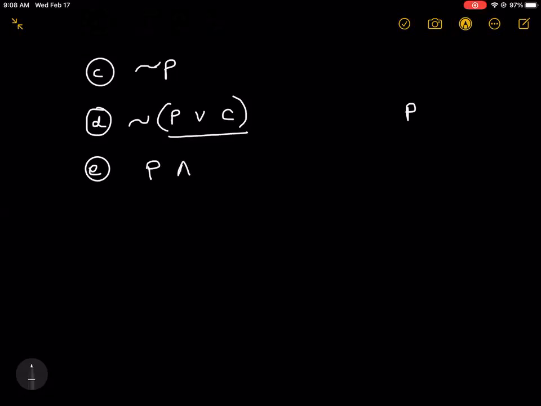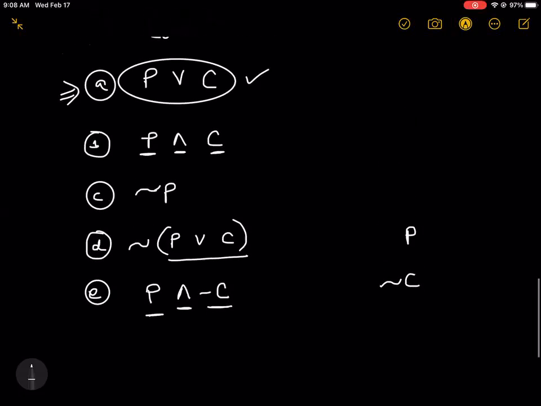For I like Coke, we have used C, and I'm trying to negate that. So this will mean I do not like Coke, and I'll join it because the two statements were linked with an and. So this will be I like Pepsi and I do not like Coke.